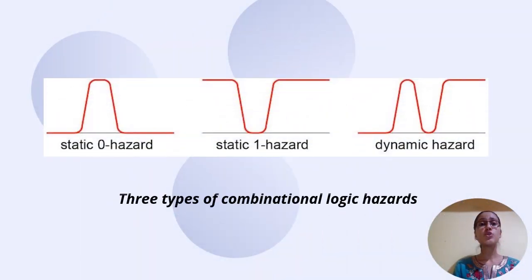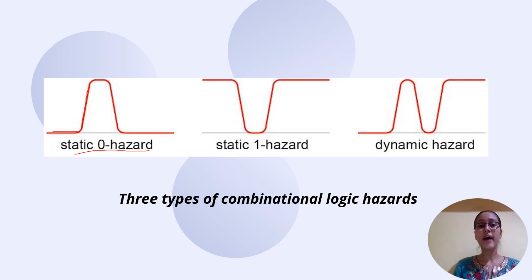These figures show possible outputs from a circuit with hazards. In each case, the output of the circuit is correct, but due to some switching transient appearing, the circuit output changes when the input is changed. So here in static zero hazard, we can notice that the output should remain at 0 for any of the input, but due to the propagation delay, it rises to 1 and again reaches 0.